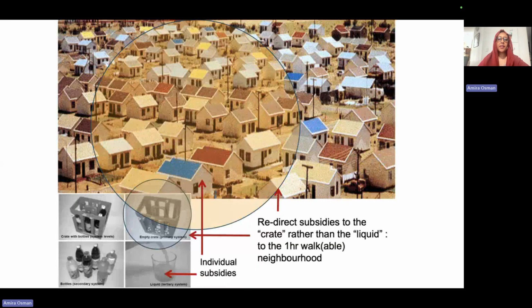So in South Africa, we've used that as a metaphor to argue that government funding should rather be funding the crate, the overall settlement, the space in between, the neighborhood level, rather than funding the individual house unit through individual subsidies.